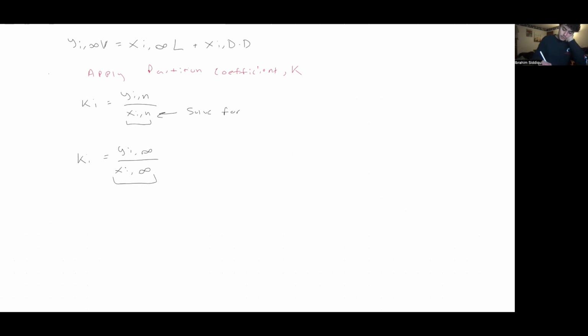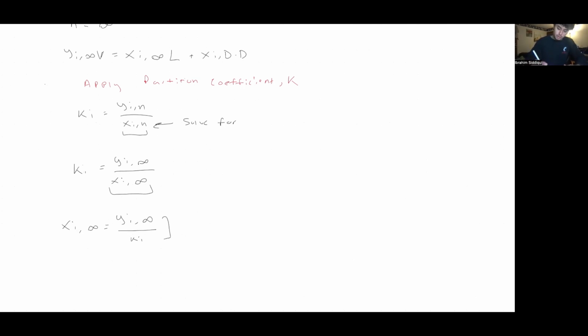Okay, so this at infinity is going to be equal to our vapor at infinity over our partition coefficient of the more volatile component. Okay. So one thing we want to note though is we want to plug this term into what we have over here.